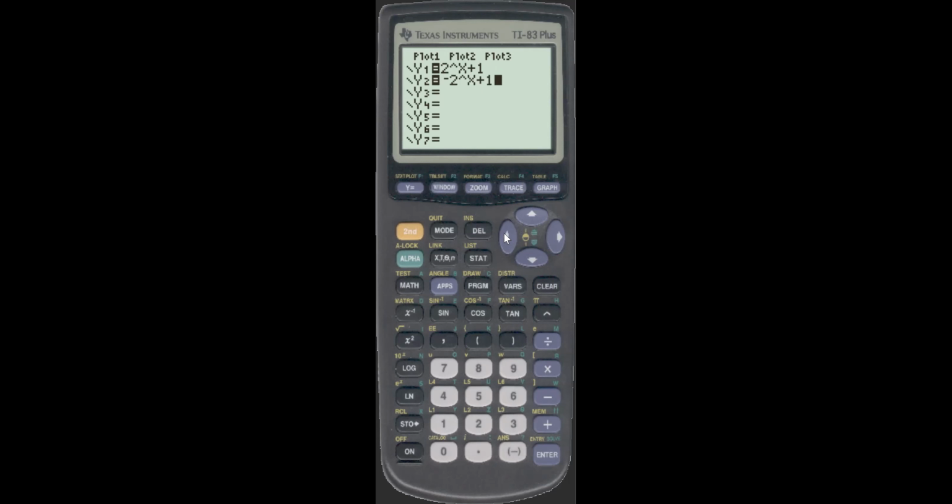Completely wrong. And you're like, well, it looks kind of right. You have to put parentheses before the function and after. Now this is correct. Your calculator doesn't know that you mean to negate everything unless you tell it with parentheses.